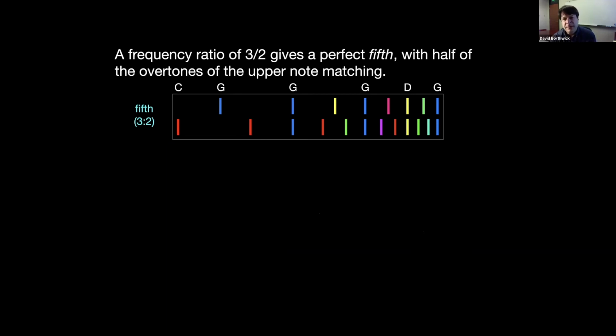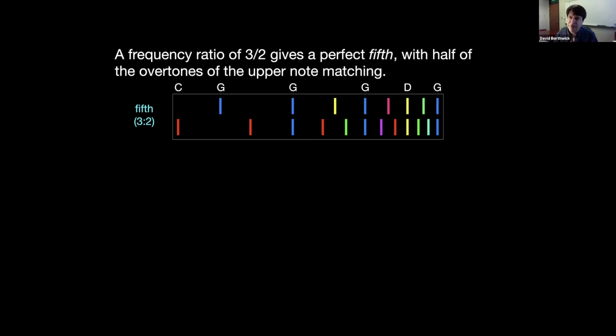And you can see basically that not all of the overtones of the upper note match, but every other one does. So the G's are all part of the overtone series for the bottom note C. And this D, there are some notes that are extra, so it doesn't sound like the same note, but there is a pretty high degree of overlap.